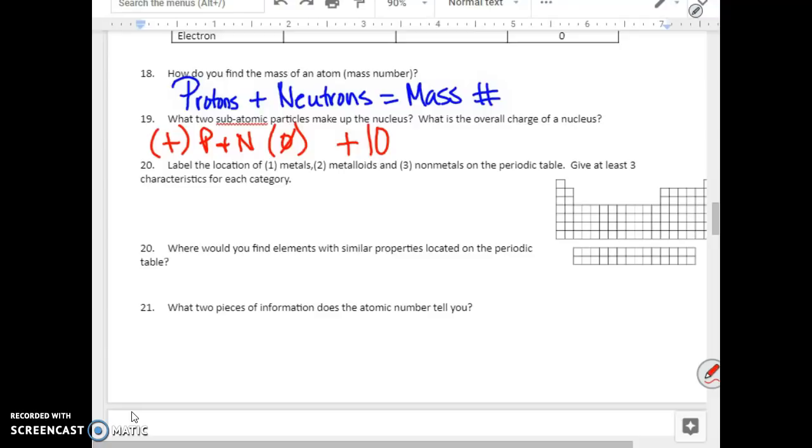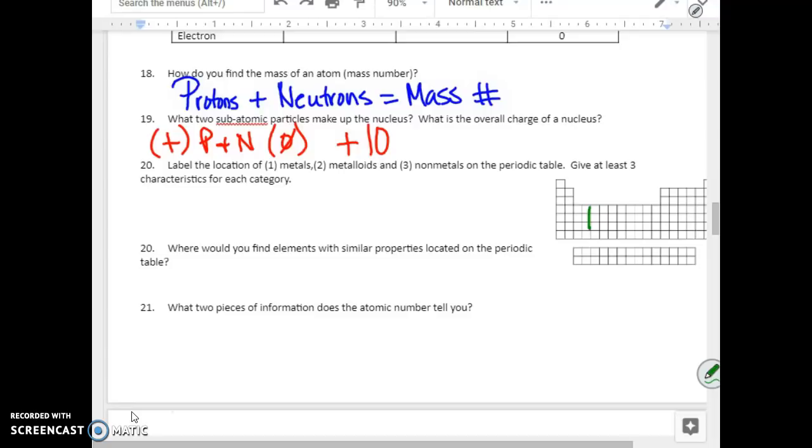Number 20, label the location of metals with the number 1, metalloids with the number 2, and nonmetals with the number 3 on the periodic table. Give at least 3 characteristics for each category. So for metals, our metals are located on the left side of the periodic table. And if you're not sure, always look for gold, silver, tin, stuff like that.